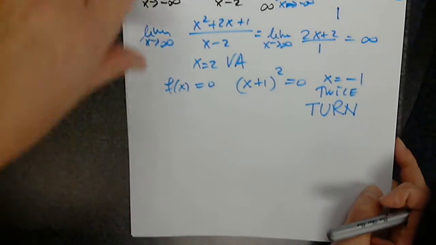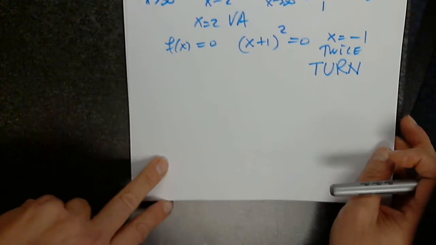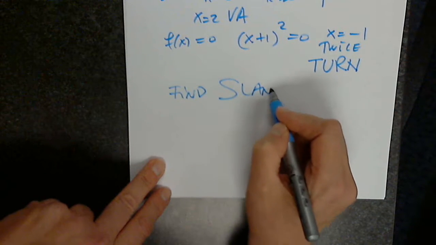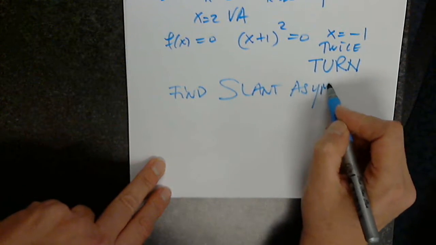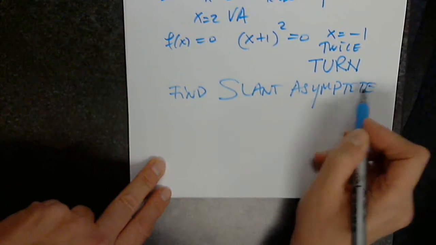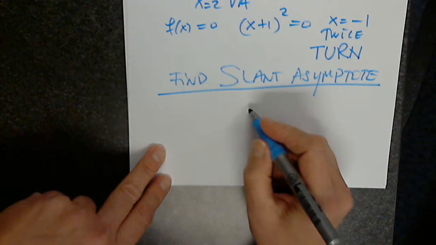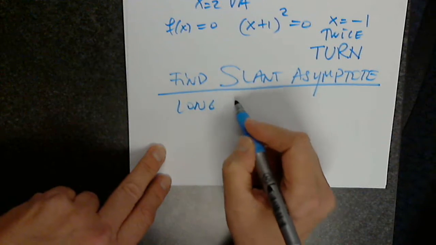I know that this function has a slant asymptote, and now I have to find the slant asymptote. In order to find the slant asymptote, we can use long division.